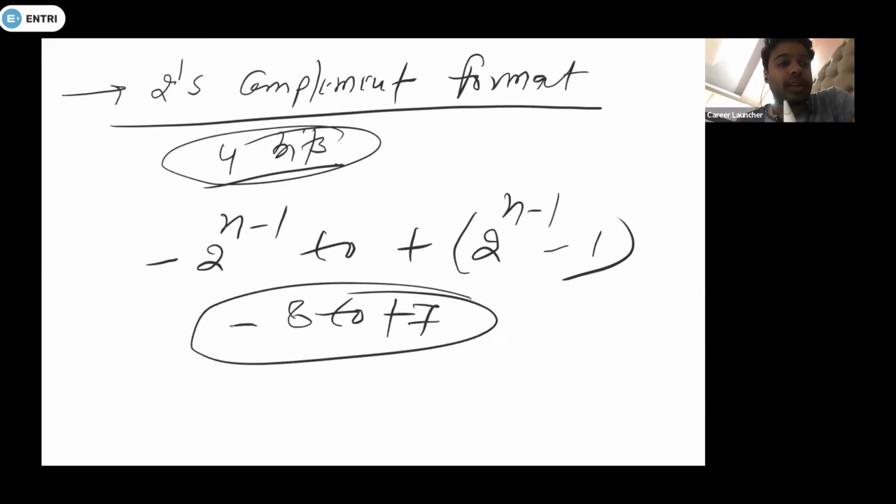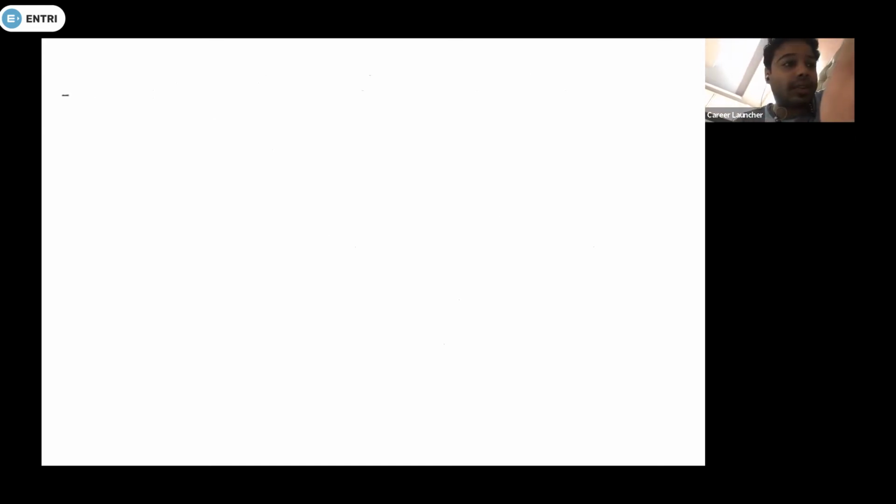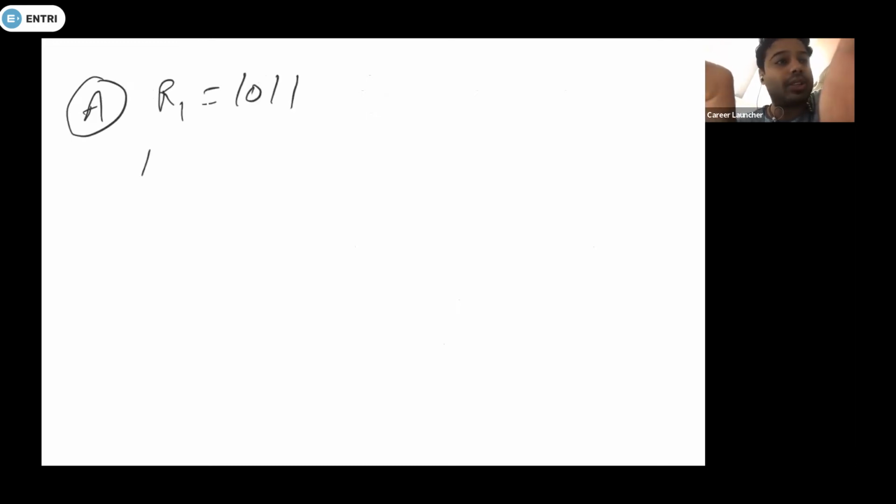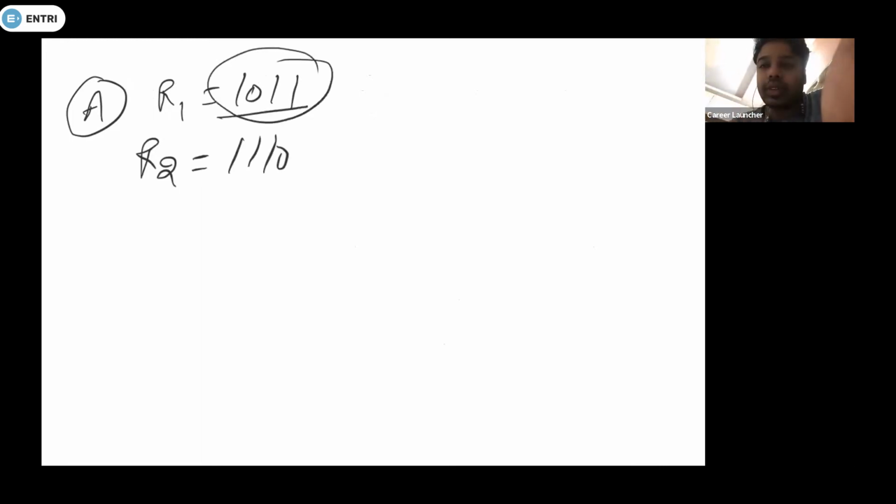If any one of the numbers is outside minus 8 to plus 7, then definitely overflow will occur. Let's see this one. Option A: R1 is 1011 and R2 is 1110. What is the actual number here?